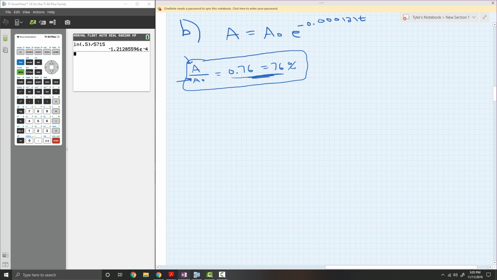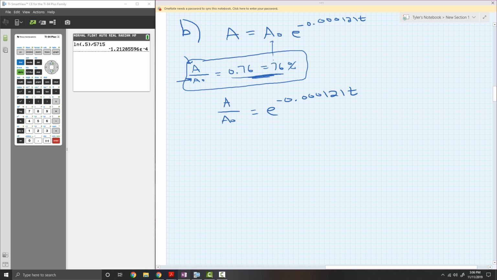By knowing that fact, I want to plug this in somewhere. I don't know exactly how much we started with, but I know the percentage of what's left, this A divided by A naught. So if I divide both sides by A naught, I will have the equation in this form.